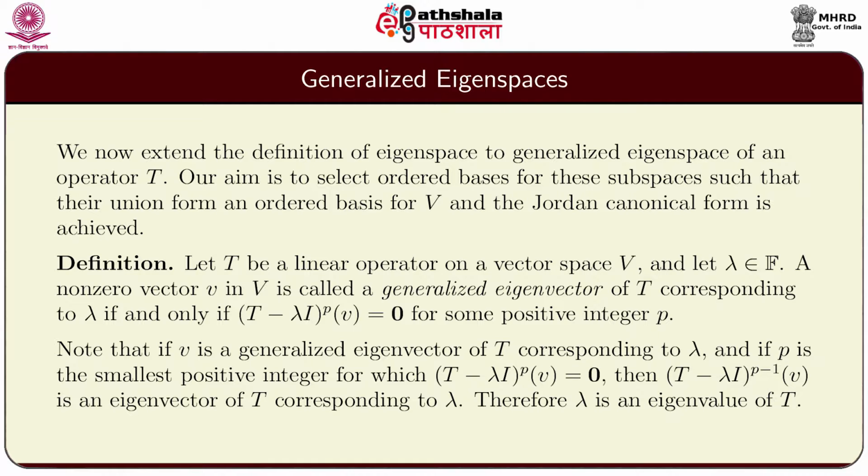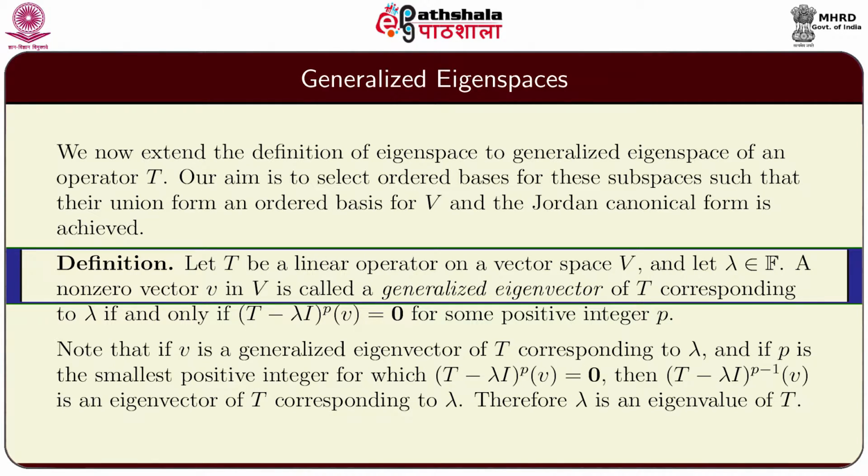So, here also we are trying to do something similar, but not with eigenspaces, because the operator T may not be diagonalizable. So, we would be doing something similar with the generalized eigenspaces. Let us first define them.